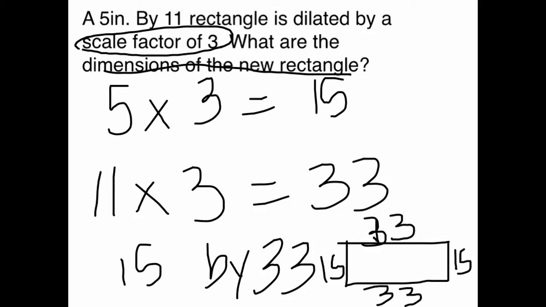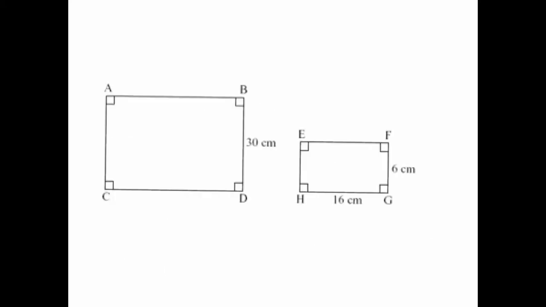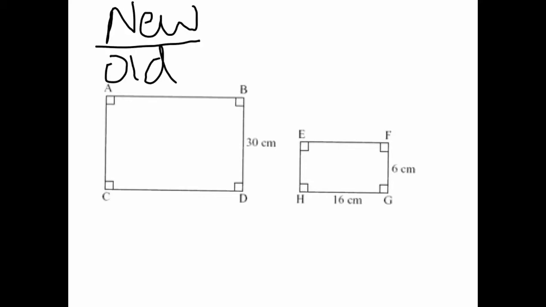All right, let's move on to our next example. Okay guys, whenever I'm given two figures and I need to figure out what the scale factor is, the way I can do that is I can take my new dimensions and divide them by my old dimensions. So I see that BD and FG, both of which are right triangles, these values go together in terms of being similar. So my new value is 6 because that was our reduction.